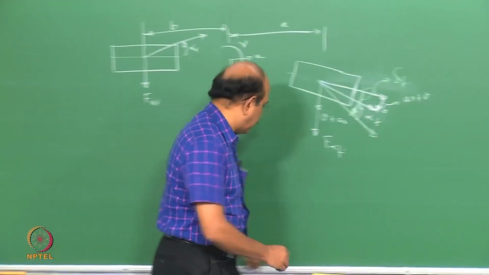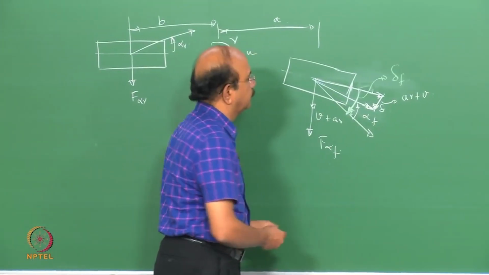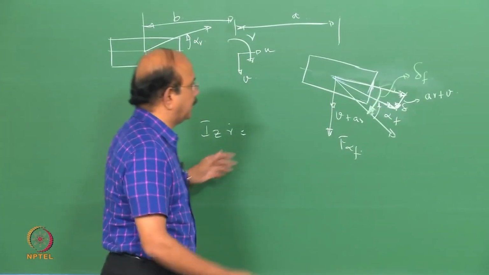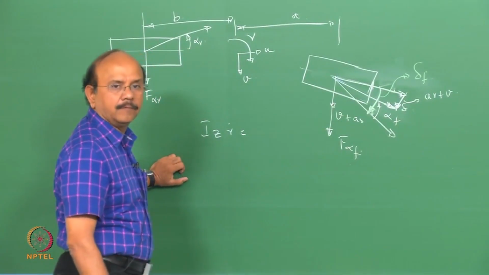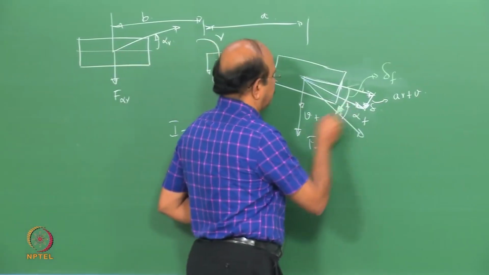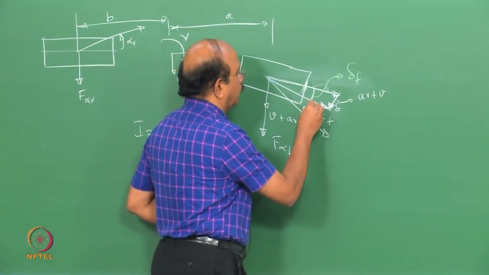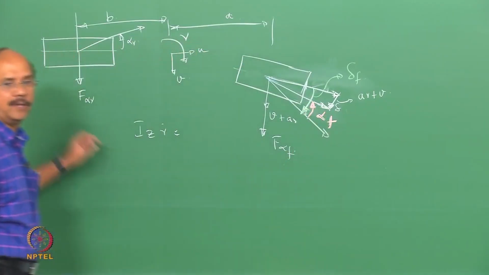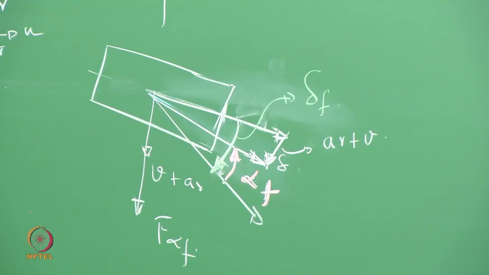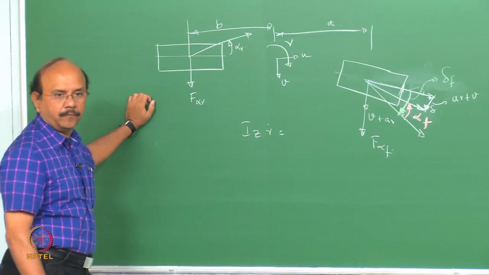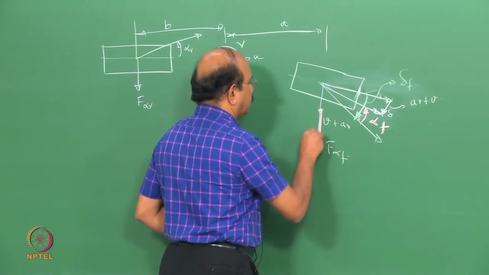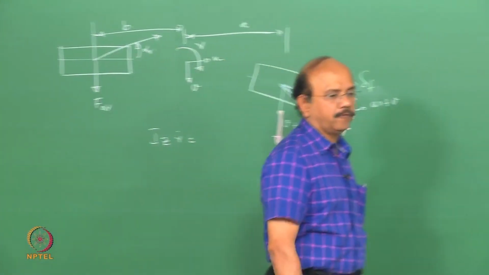So that's alpha r, and delta f. Since I have to develop a force, the requirement is that I develop a slip angle which I call alpha f. That's the slip angle, with the result that I get the force F alpha f.